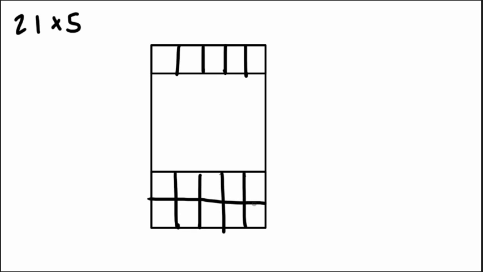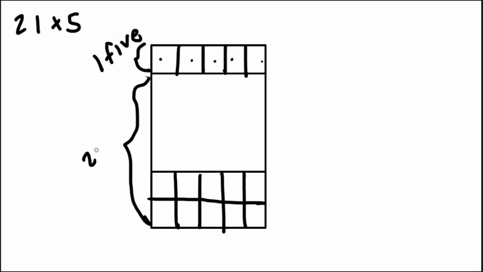Right. So if we have one set of 5 here, right? There's 5, 1, 2, 3, 4, 5, and then we have 20 down here, and for the sake of not having to draw them, we have 20 sets of 5, right? Dot, dot, dot, all the way up to 20, so this would be 19 and 20, right?